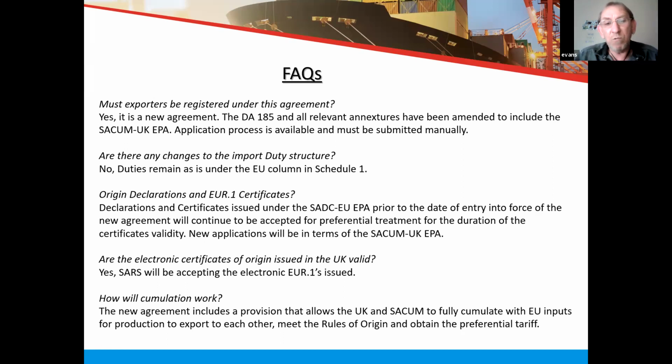So there are two things to look at: goods that are manufactured in the UK, or goods that are manufactured in an EU country and then moved to the UK, consolidated and then shipped from the UK. We must be a little wary and maybe go into more detail for those who might experience this, but I'm sure we can expand on that as we go.